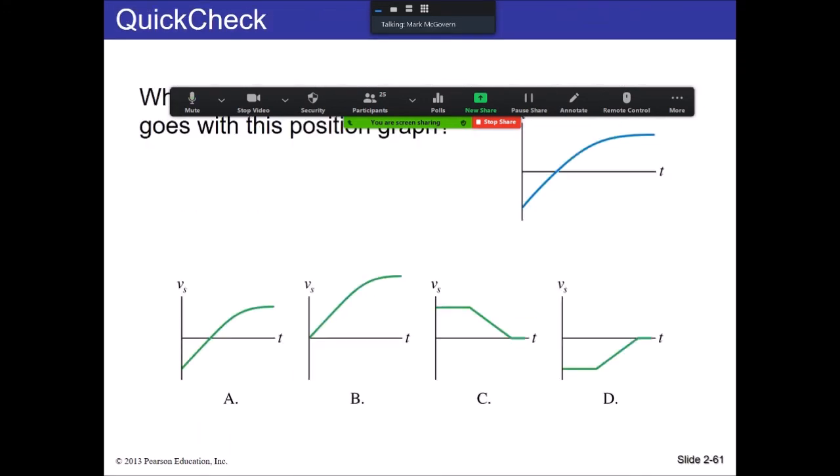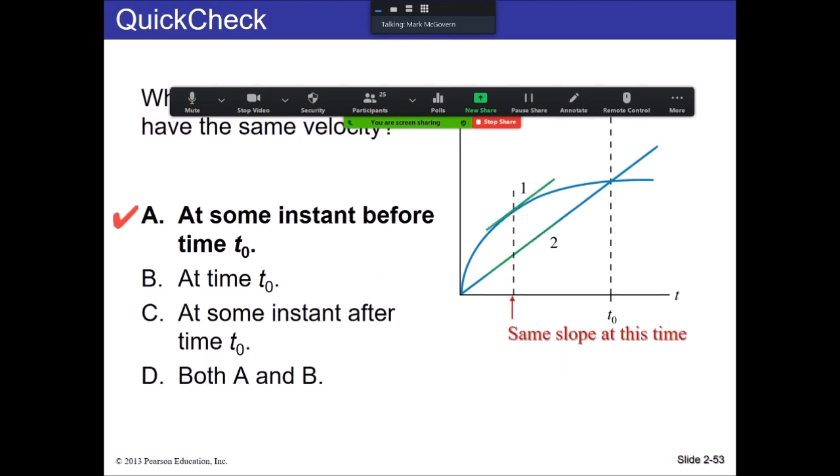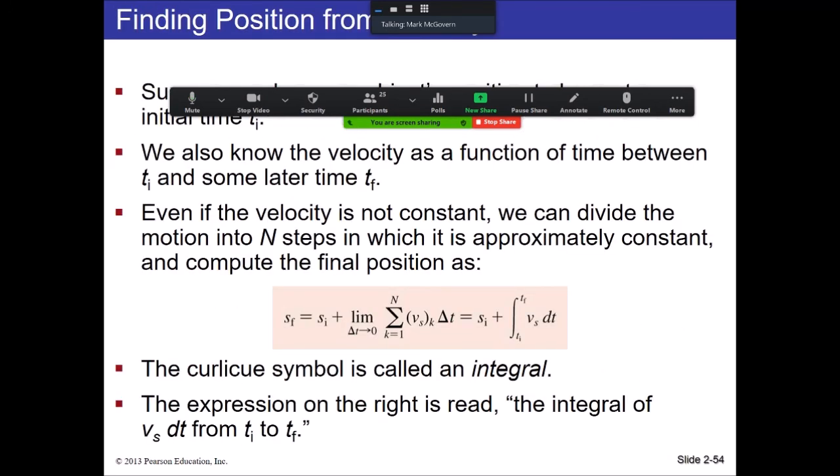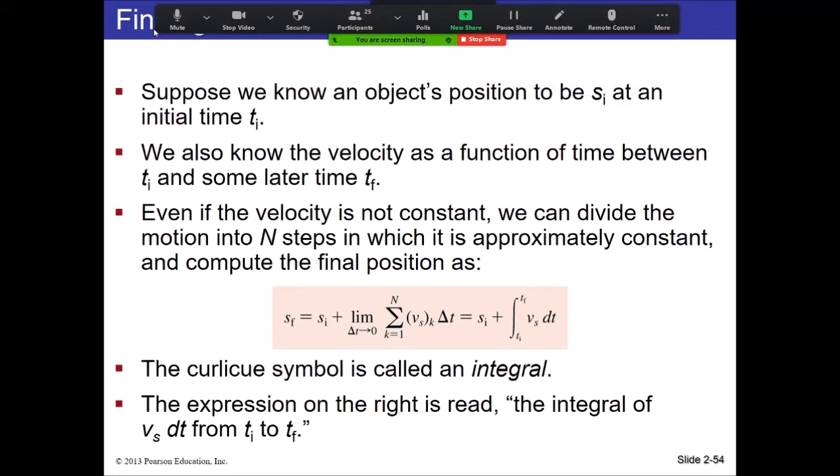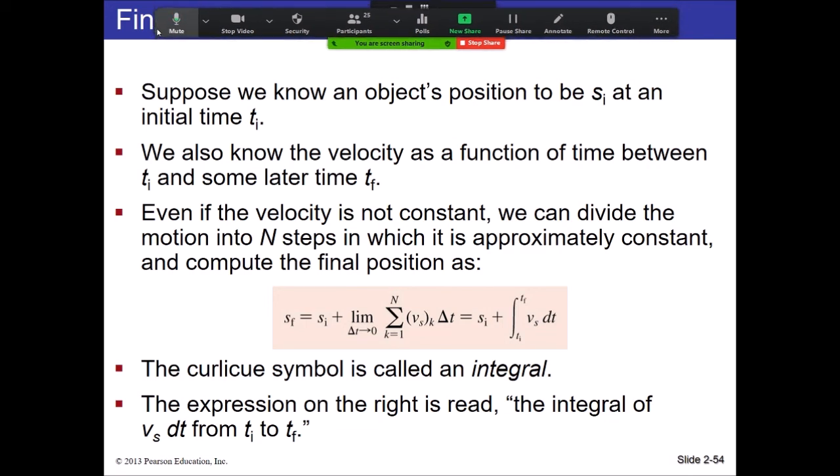Now, if you're familiar with a little calculus, you probably have an idea where this is going. Going from a velocity graph to a position graph is sort of the opposite mathematical operation, which is an integral. I do realize a lot of you are probably in 150. You have not gotten to integrals, so I'm not going to ask you to perform any integrations at the moment.